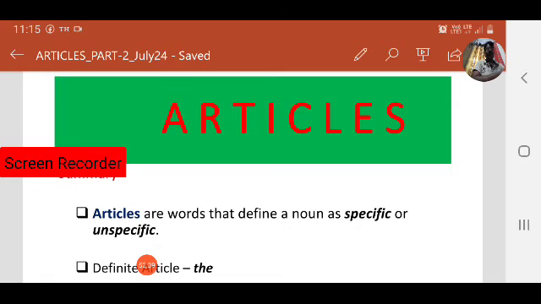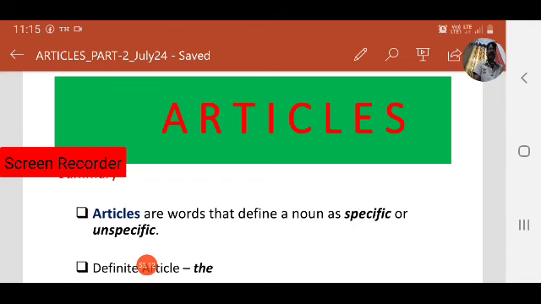From the examination point of view, where to use the and where not to use the is most important. For that we have to once again review the rules of the usage of the definite article. Review all the rules.